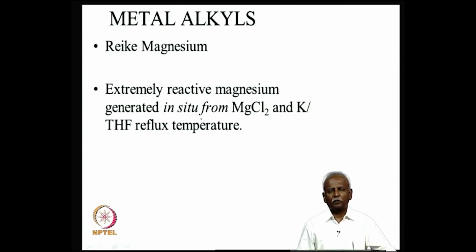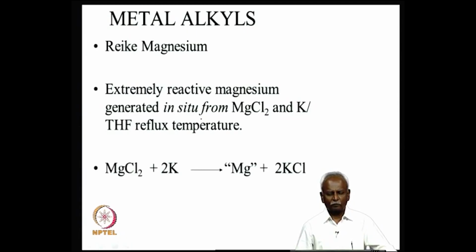At the reflux temperature of THF, potassium melts and forms a metal globule, and that globule reduces the magnesium chloride and forms a black magnesium powder, which is extremely reactive. So, this is a pyrophoric powder that is formed by reduction of magnesium 2 plus using very reactive potassium.